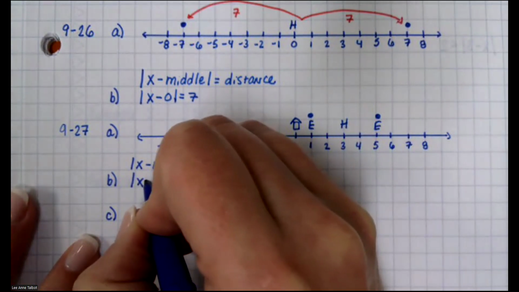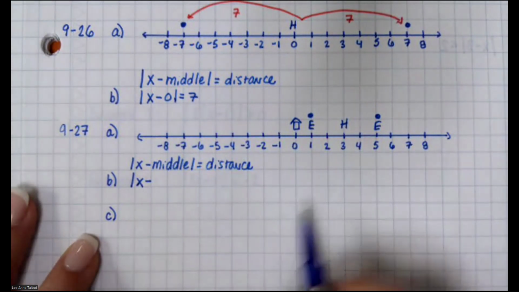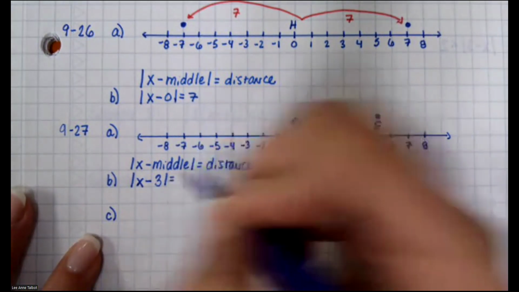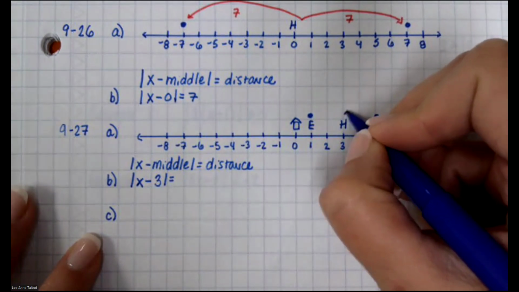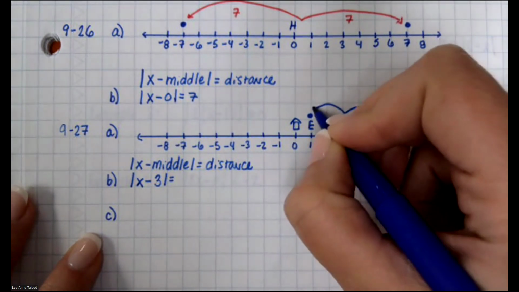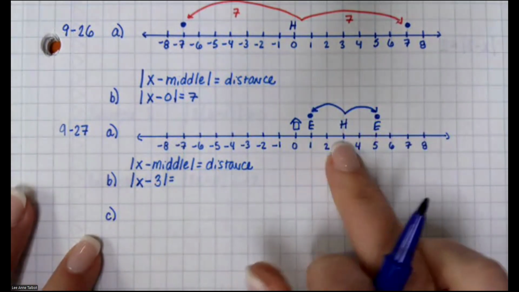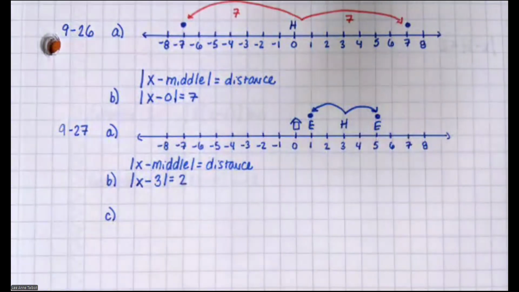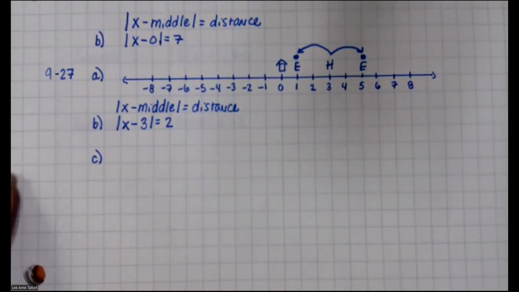Okay, so x minus, so what's the middle in this situation? 3, beautiful. And what is the distance between the middle and both of the ends? 2. Okay, so now I'm going to make sure that I show you that I'm not making stuff up over here.